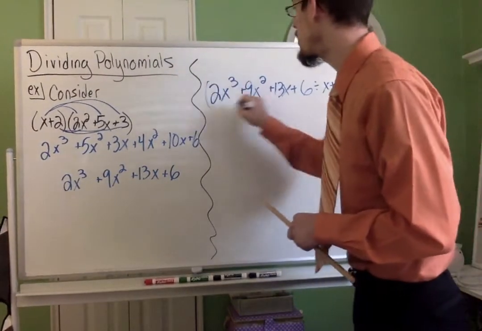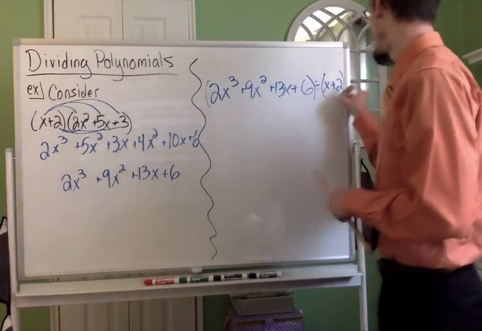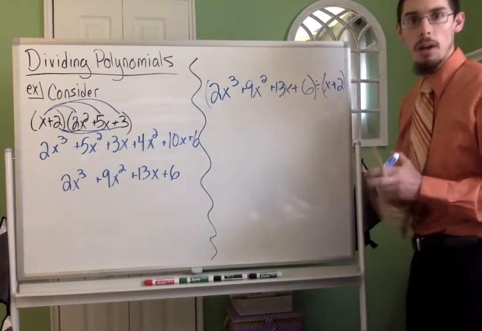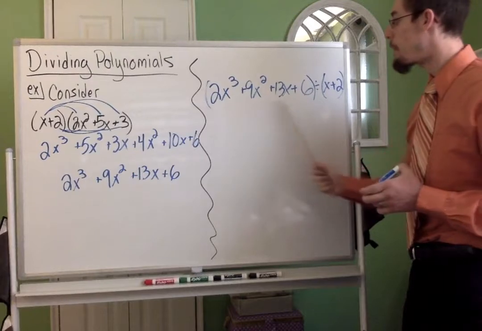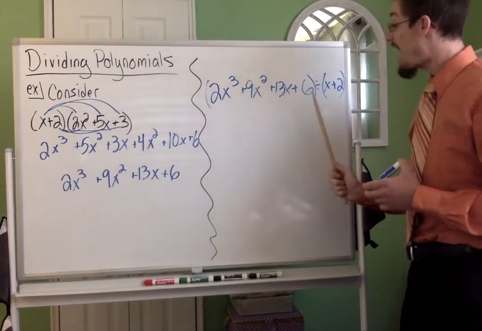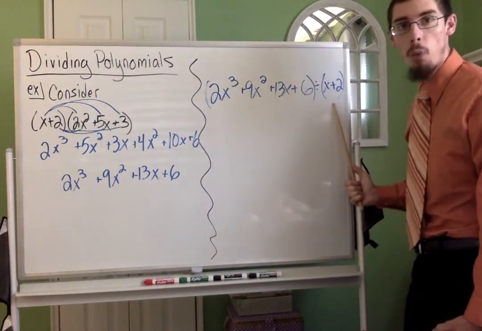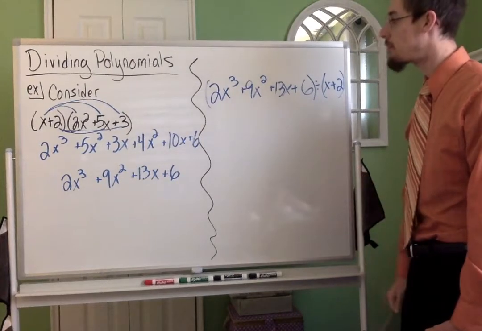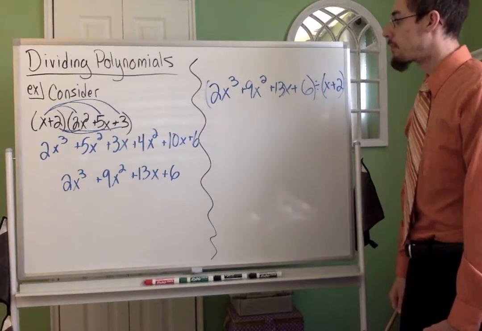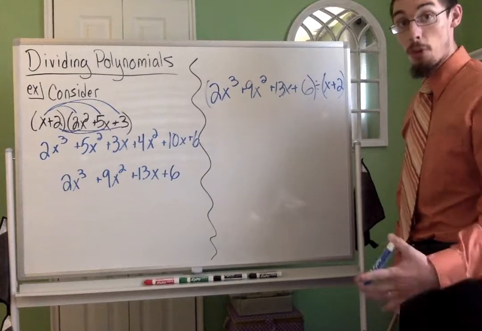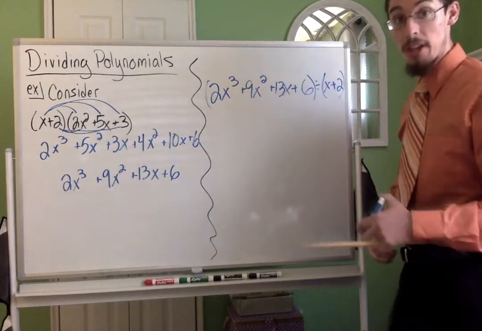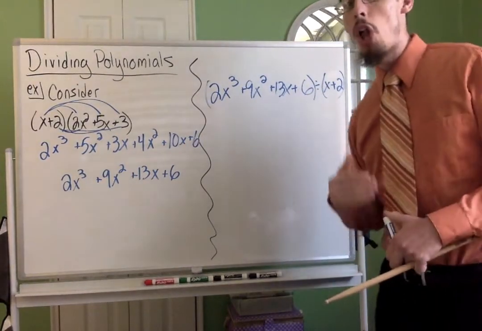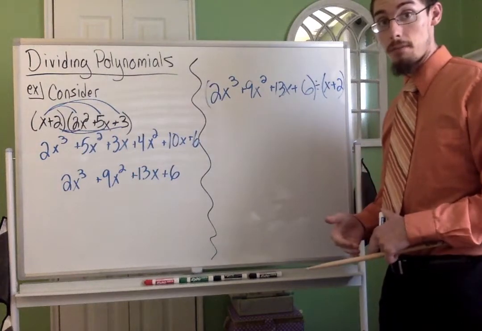So I'll put these in parentheses just so you can see. I'm taking the polynomial I got and I'm dividing it by one of its factors. So, the way we're going to have to do this is we're going to have to use long division.